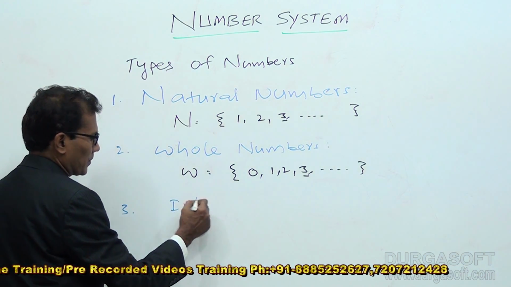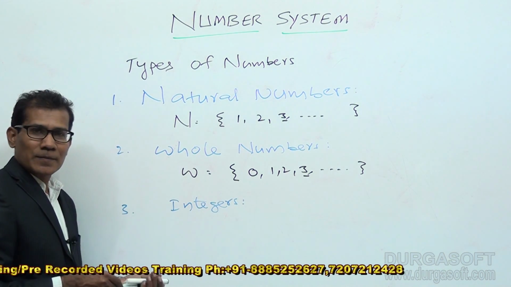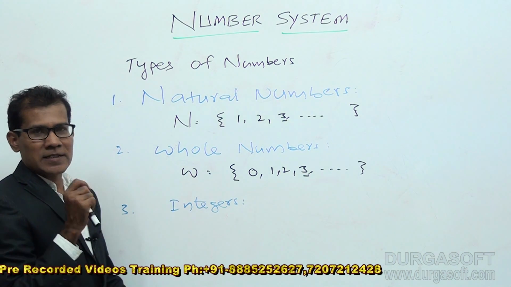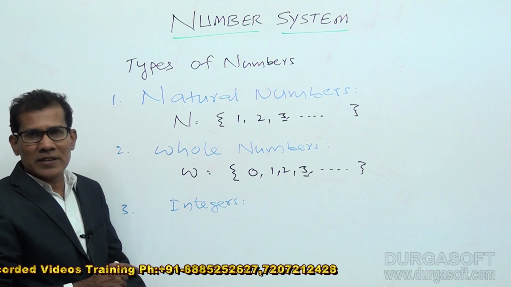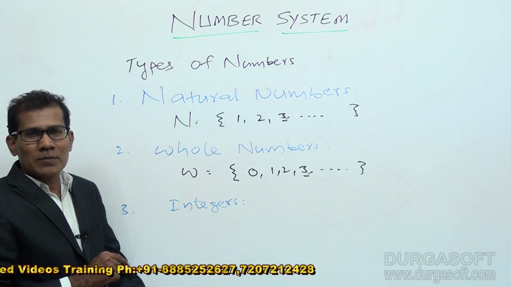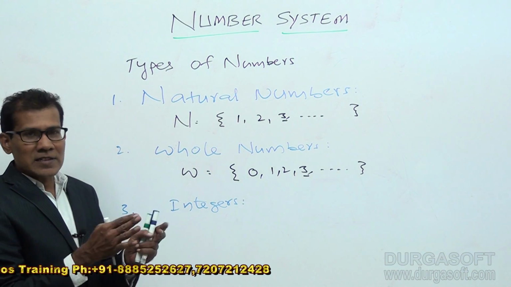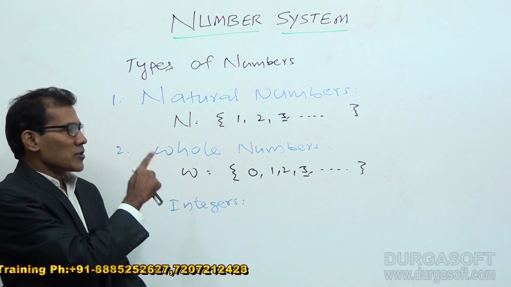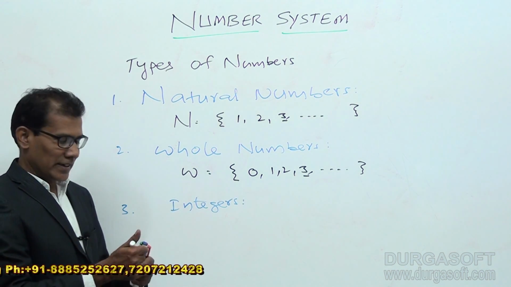And next, integers. What are the integers? Integers are nothing but a set of numbers in which all natural numbers are present and negative natural numbers are present and 0 also. This mixing of all these three, natural numbers, negative natural numbers and 0 together, are called integers.